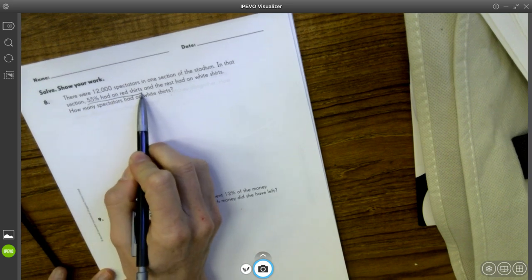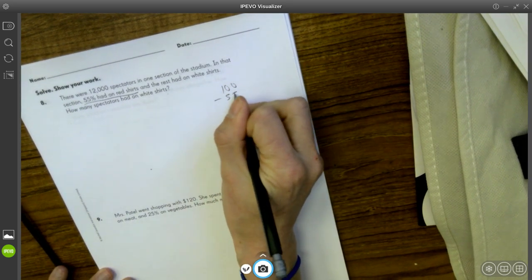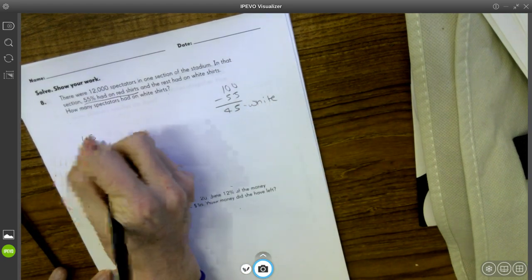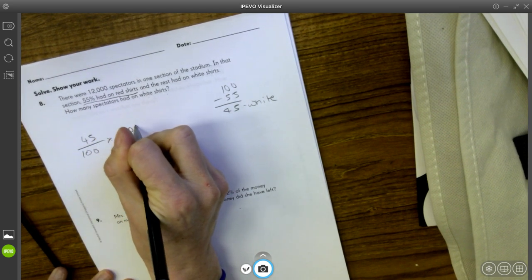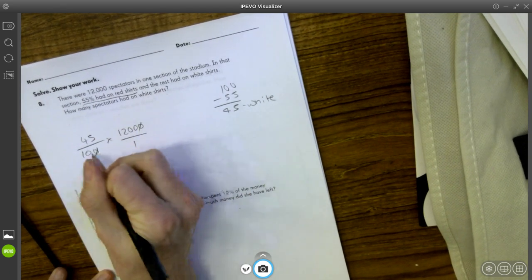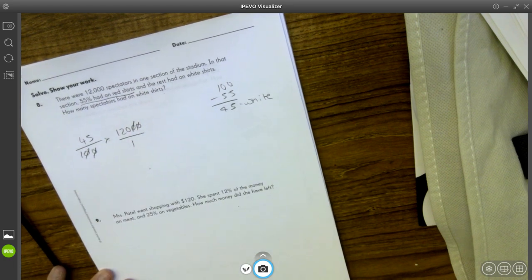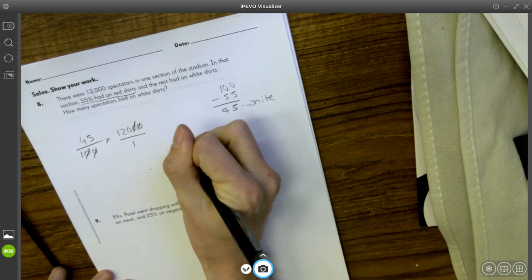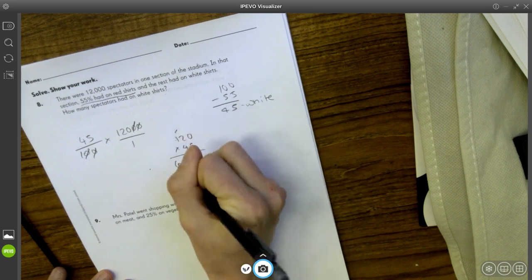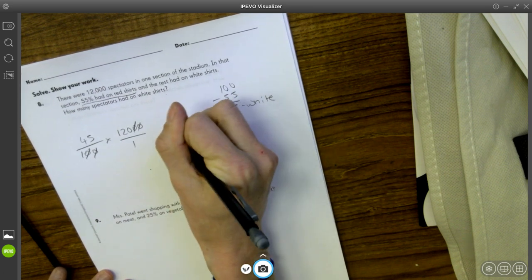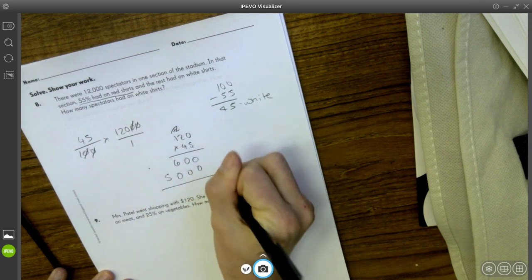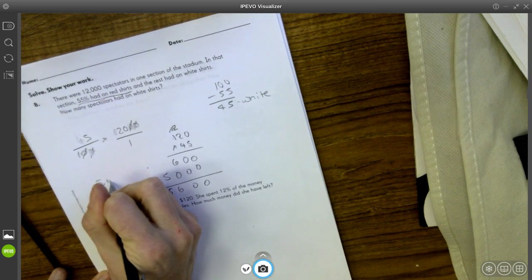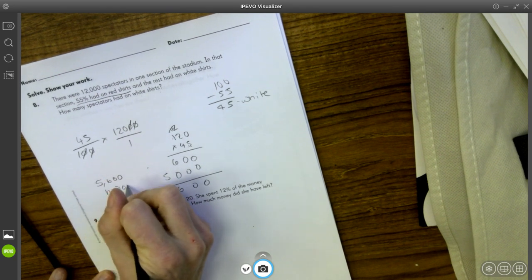So 55% on red, 100 minus 55 is 45. 45% had on white. 45% of 1200 over 1 divided by 10 divided by 10. 12 times 45 is 540. 540 had on white.